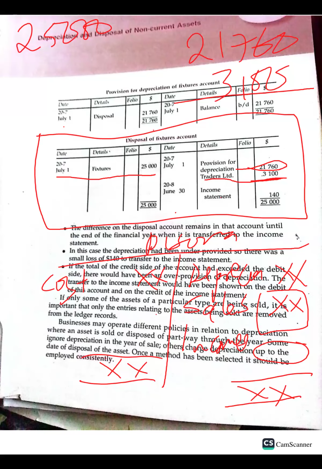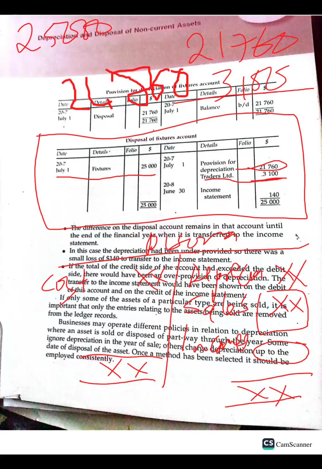Sorry? You can easily add 21,760 plus 3,100. What do you get? 24 what? Okay.